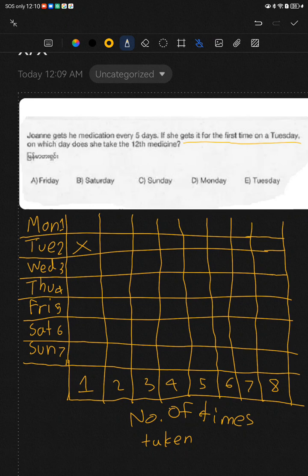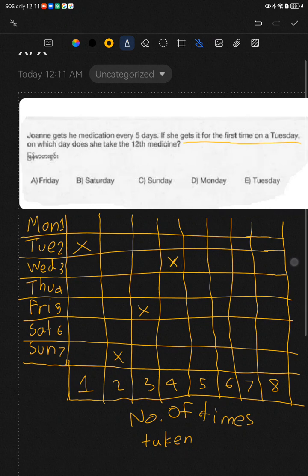On the second time, we'll get to Sunday, as 2 plus 5 is 7, the 7th day. What happens on the third time? Well, she'll get it on Friday. We'll mark that with an X. On the fourth time, she'll get it on Wednesday.